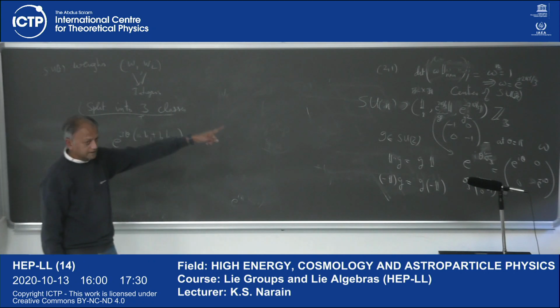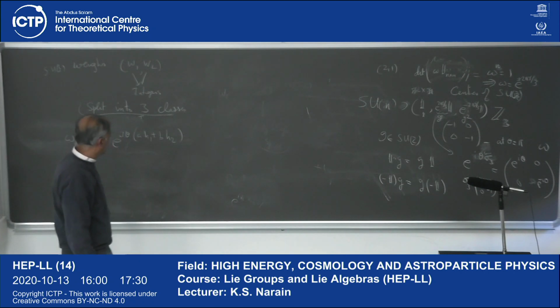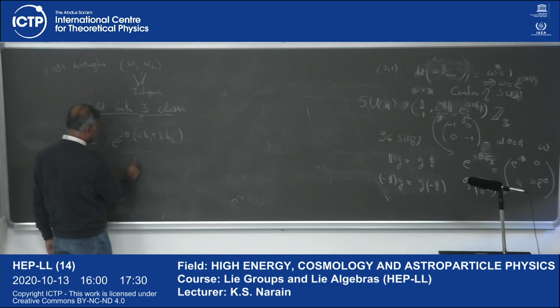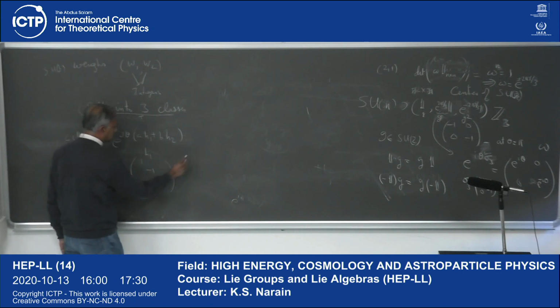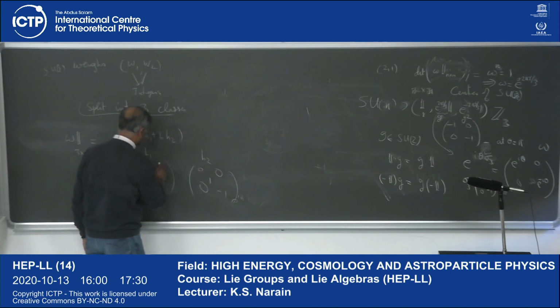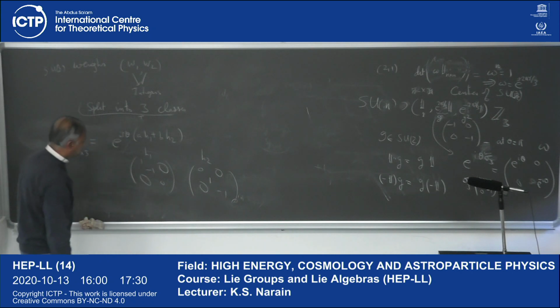In such a way that I get that. Now, if you look at H1 and H2, H1 was diag(1, minus 1, 0), and H2 was diag(0, 1, minus 1), diagonal, everything else 0. So we want to get something which reproduces this result.